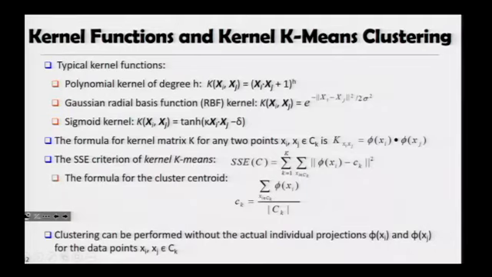This is the polynomial definition. Another way of defining it comes from the Gaussian distribution: you can define the kernel similarity of two data points in terms of the Gaussian radial basis, shown in this formula. Another way is a sigmoid kernel, computing the tangent of the inner product of xi and xj minus theta.